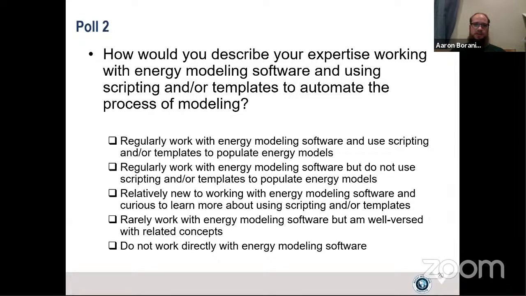So I'm going to share the results here. The clear options are the first 2: either regularly working with energy modeling software and using scripting, which is 70% of folks, or regularly working with energy modeling software but not using scripting, which is the remaining 30%. Luckily we don't have anybody who's totally new to energy modeling software. So it sounds like, Raghu, you can really get into the details here.